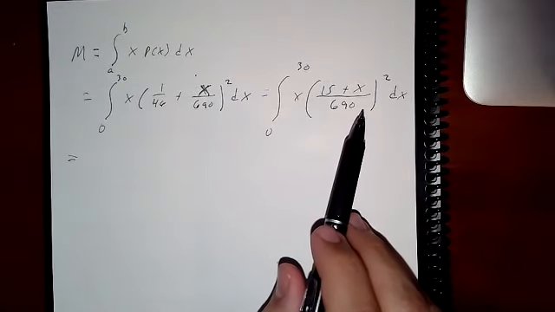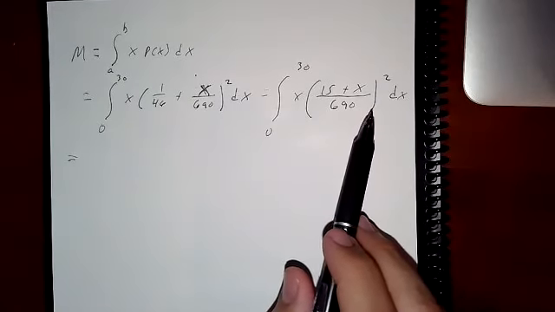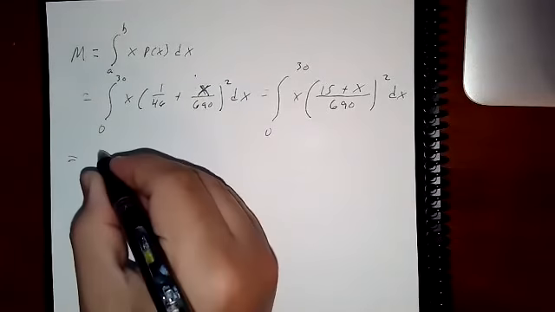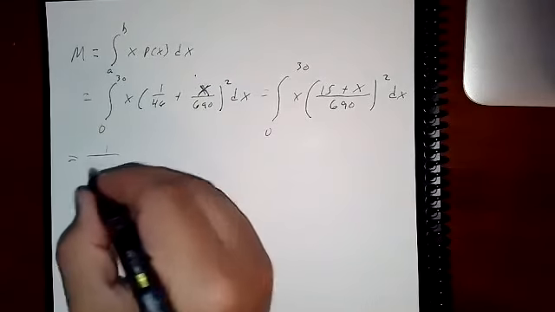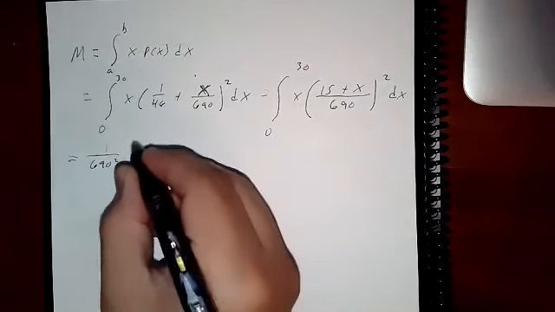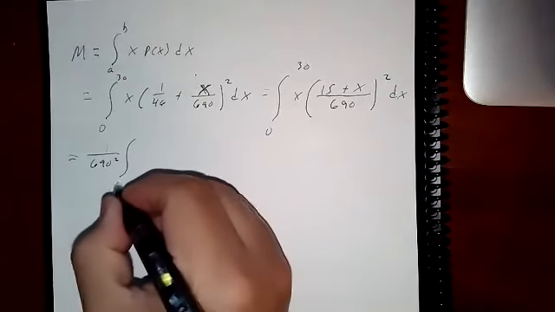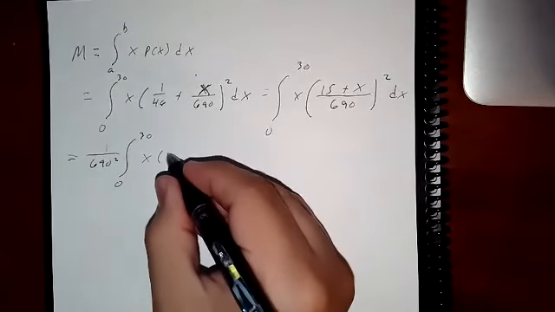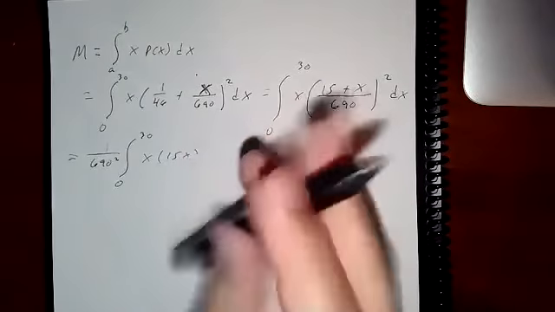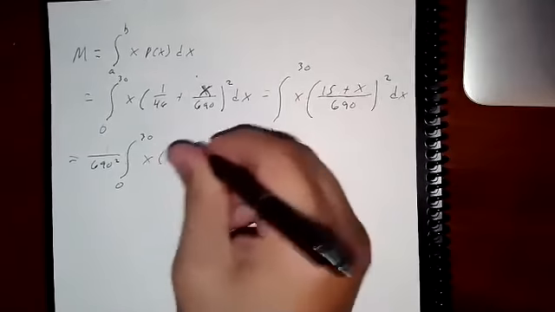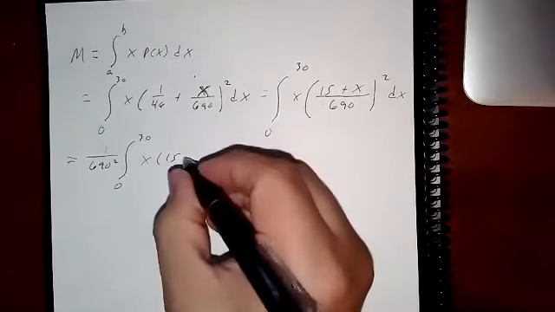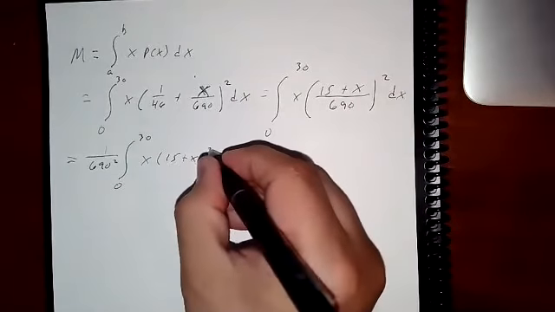I'm just going to leave it as 1 over 690 squared. It's some big number, right? Who cares? Then you have x times (15 plus x) squared dx.